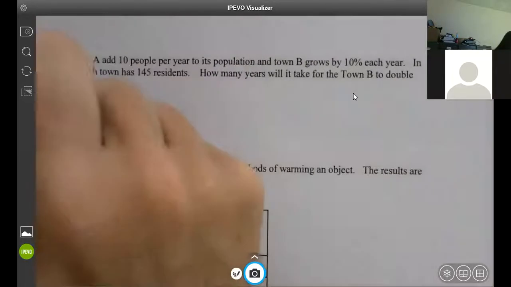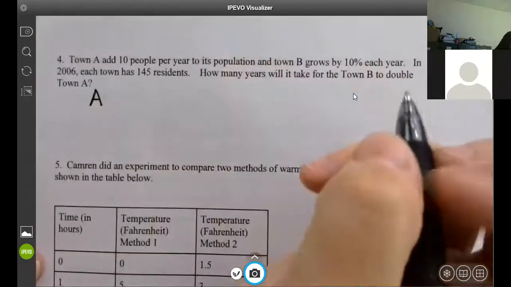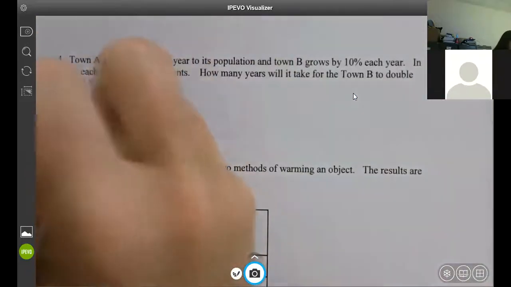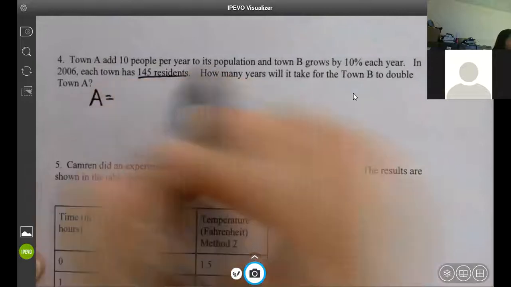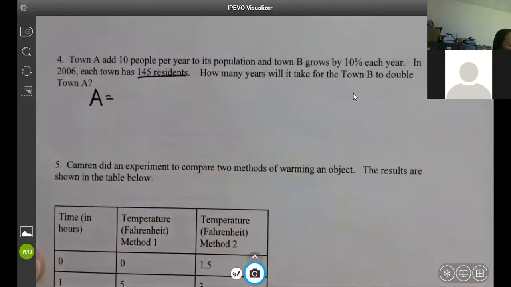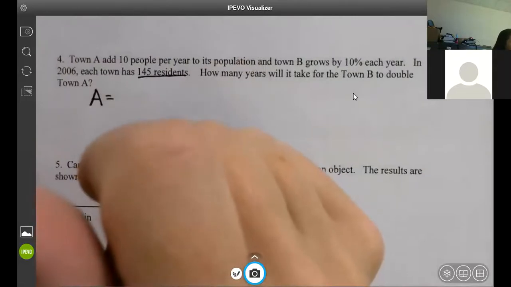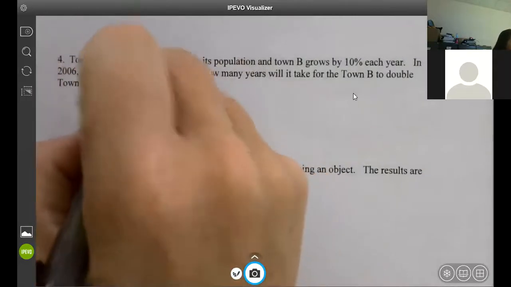How do we write town A? Add 10 people per year, but it starts at 145. 145 plus 10. How much are we increasing by? 10. So it should be a 10x.